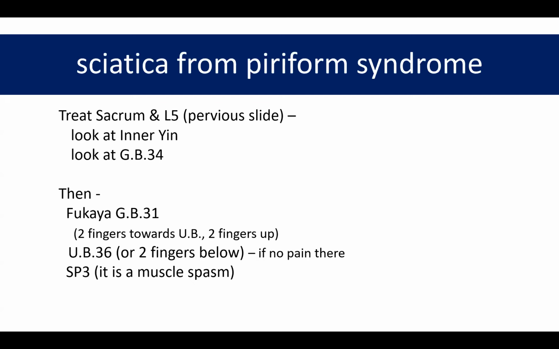Then you can use bladder 36, or 2 fingers below bladder 36 if there's no pain there. Sometimes bladder 36 is not convenient to use. Not every patient likes it because it's just under the buttocks, and some people are a little shy. And if it's a muscular spasm, the piriformis is a muscle, then you can use spleen 3.